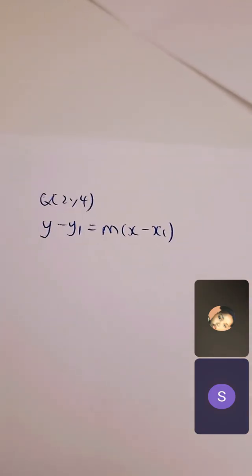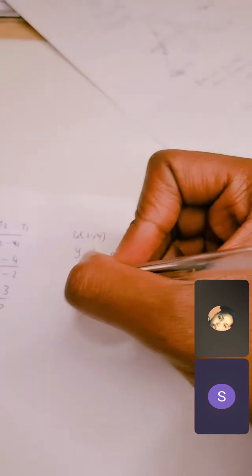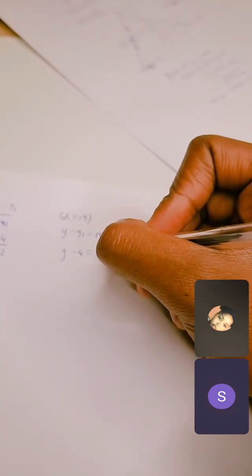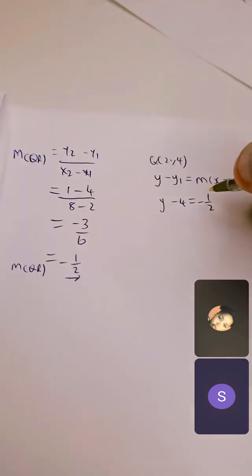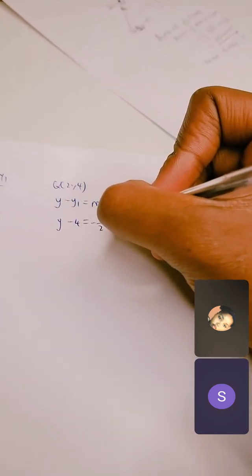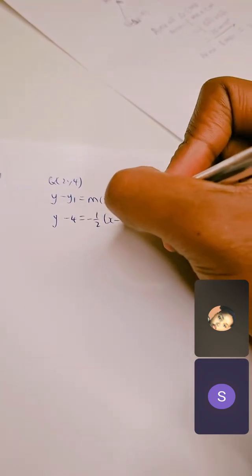Then it's Y minus 4 equals minus 1 over 2, the one we just got, then open bracket X minus 2.